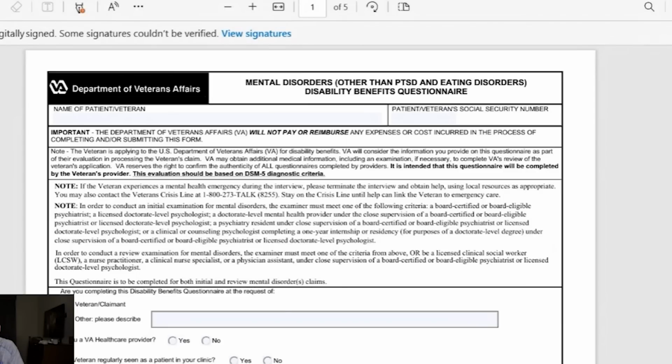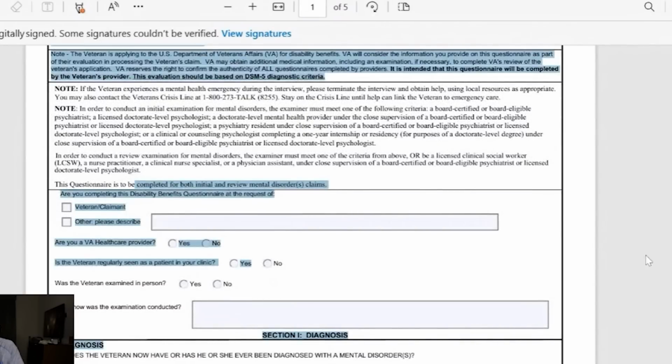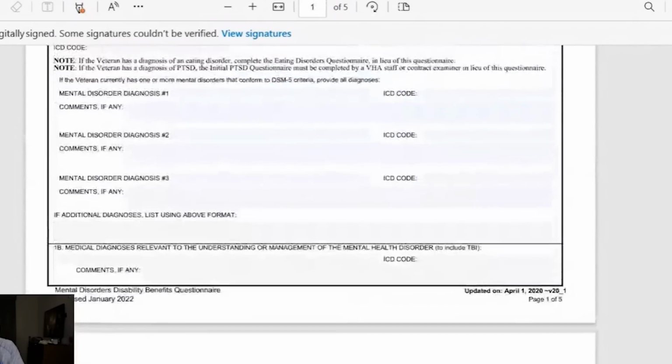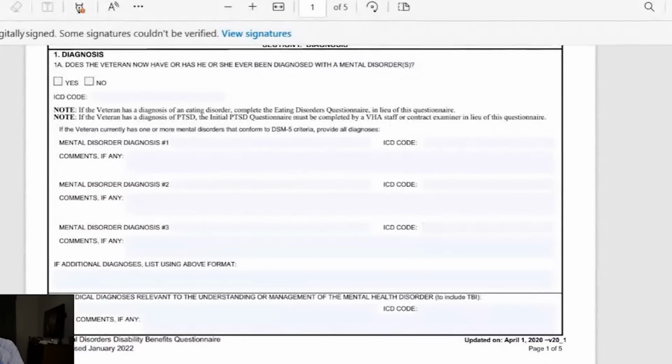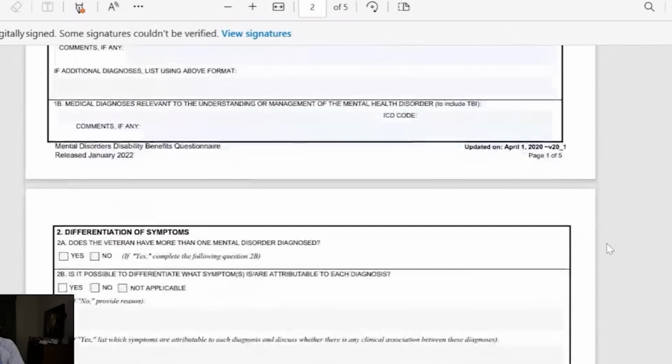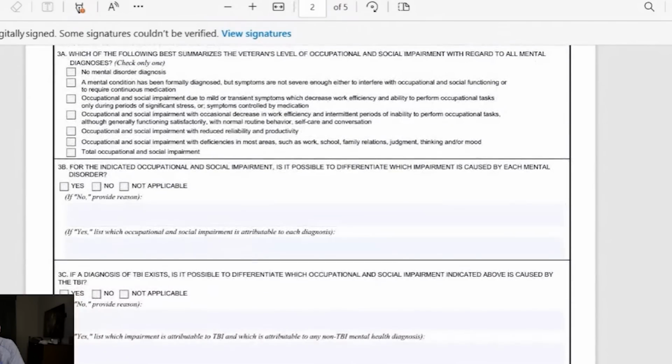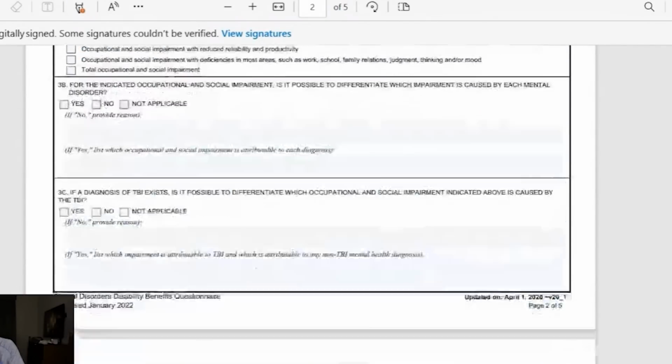Okay, and here we go. Here's the mental health DBQ. It talks about who can complete this form, your evidence, and then all the symptoms. It's essentially an analytical methodology of 38 CFR is how I would describe a DBQ. You have your diagnoses there, and then it goes into the symptoms. This correlates to the percentage that the VA would probably rate.